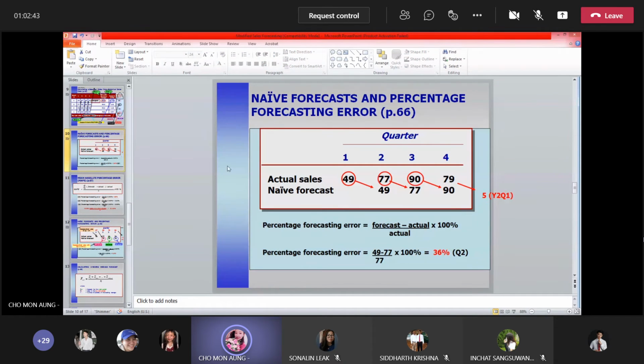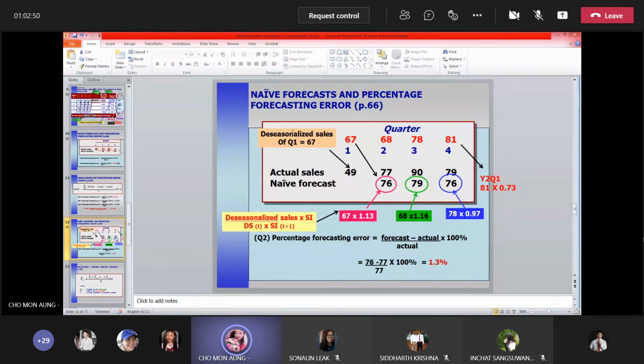So you see, from the first example, using actual sales, the error was 36%. But now, after using deseasonalized sales data, the error is only 1.3%. So you see that by using the deseasonalized sales data, we can reduce a lot of errors. So if you want to forecast 79, divided by actual 90, divided by 90, right?